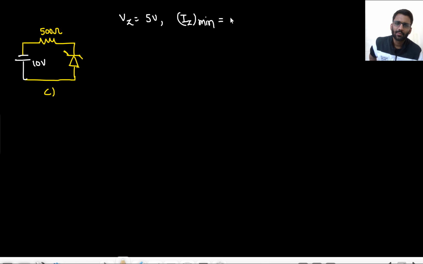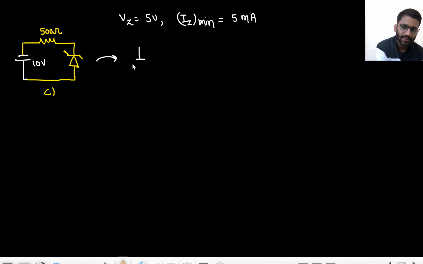What I can do is replace it with something like this. So Vz is 5 volt, Iz minimum was how much? 5 milliampere. So tell me in which bias it is working. This is forward bias, right?